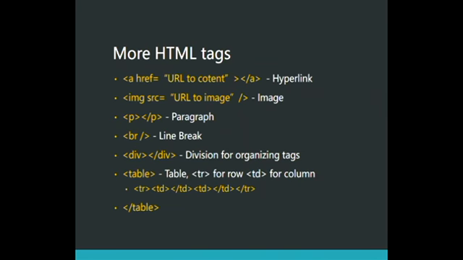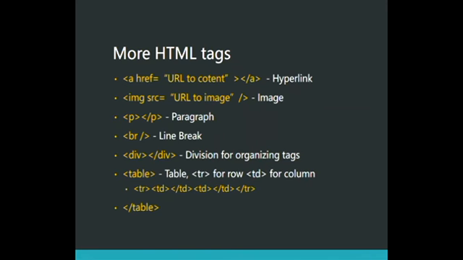For example, you have like 5 buttons. You want to put them on the right of your screen. You probably don't want to set the positions for each of them. In this case, you can put them within a div tag and just set the styles of your div tag. So it's for grouping or organizing tags.